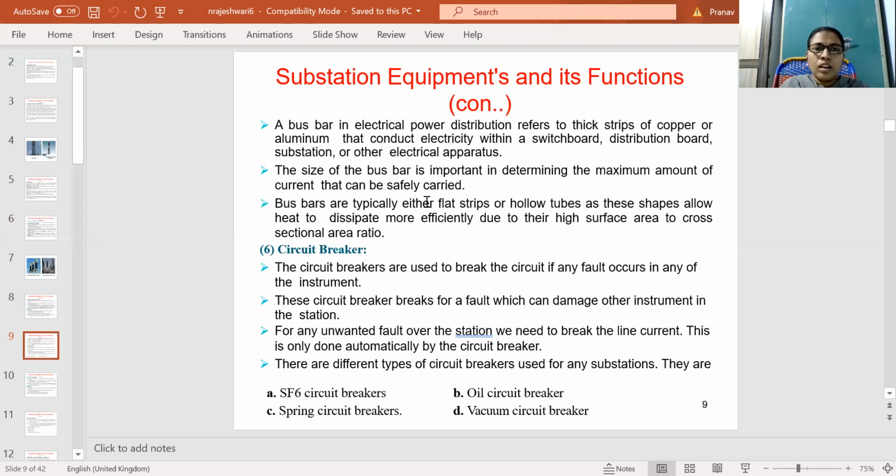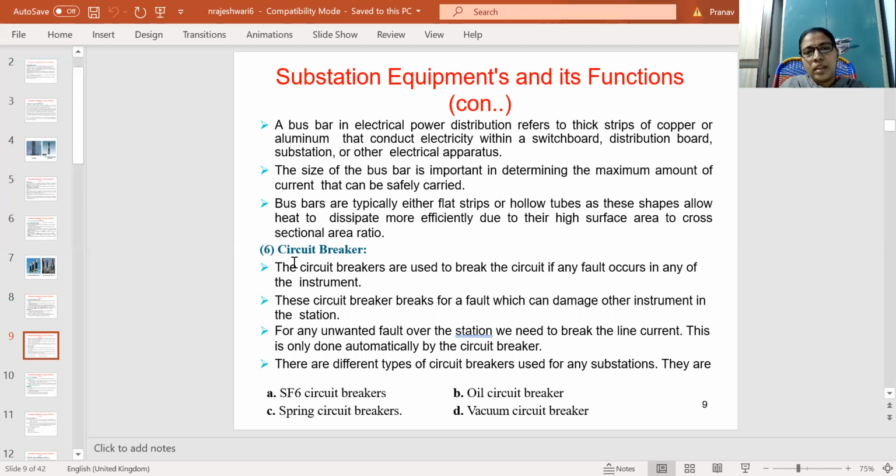Bus bars are typically either flat strips or hollow tubes, as these shapes allow heat to dissipate more efficiently due to their high surface area to cross-sectional area ratio.